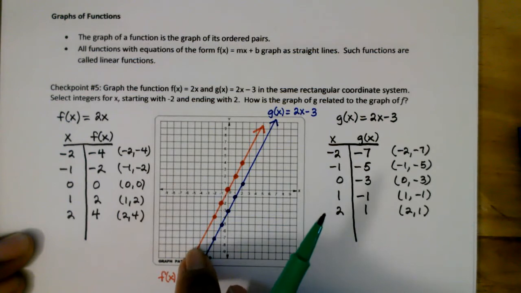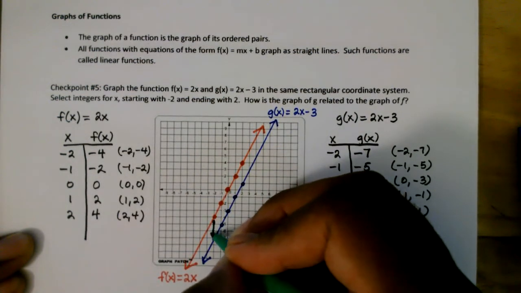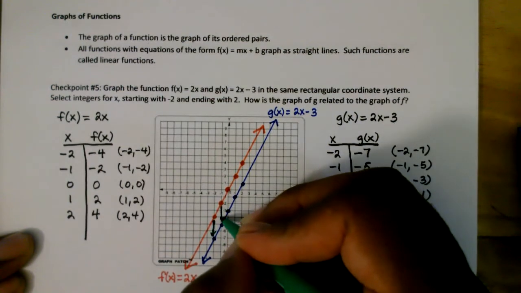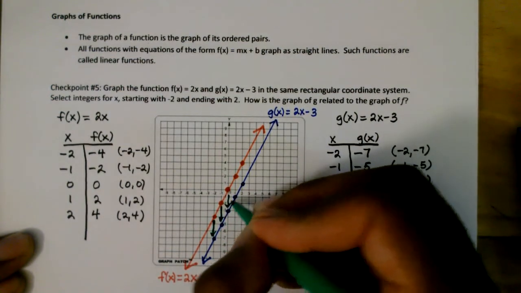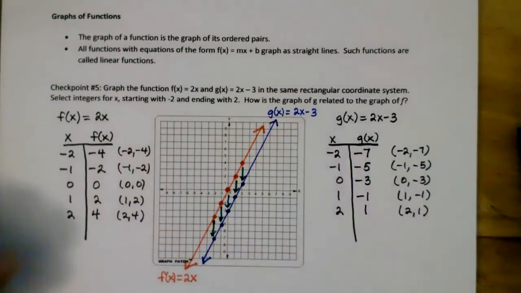The only difference here is that this graph from f to g has shifted down 3 places. It's shifted down 3 places, okay? And we call that a vertical shift, which we will talk about when we get into transformations of graphs, which is going to be section 2.5, okay?